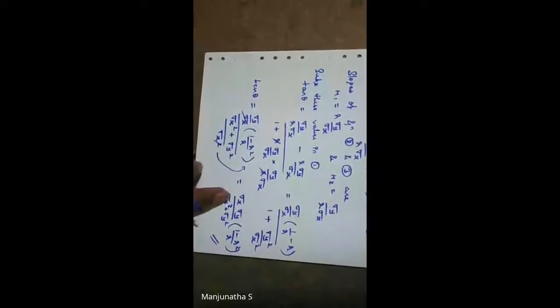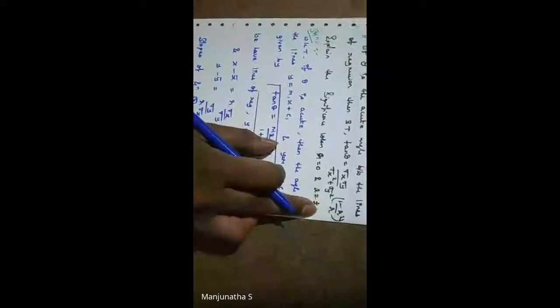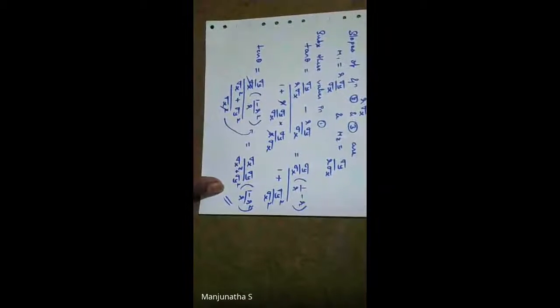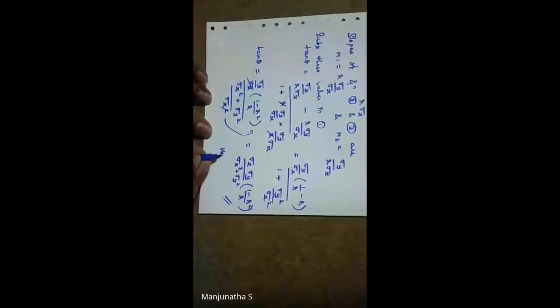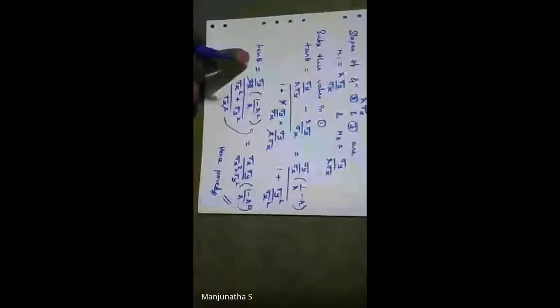Therefore tan theta is equal to sigma x sigma y divided by sigma x square plus sigma y square, of 1 minus r square divided by r, and that is what we needed to prove. So it is proved. Got it? So we got tan theta and the RHS. Hence it is proved.